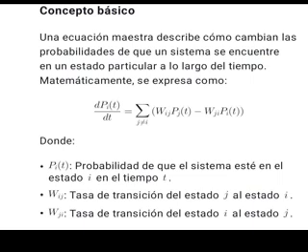Exactly. Now, thinking about continuous states, that's something the chapter doesn't really dive deep into, but I think it's important to realize that this concept of states can be a lot broader than what we've been talking about so far. If you think about the temperature of a room, it's constantly changing. It's not jumping between set values. Exactly. It's continuous. But we can still talk about the probability of the room being at a specific temperature at any given time.